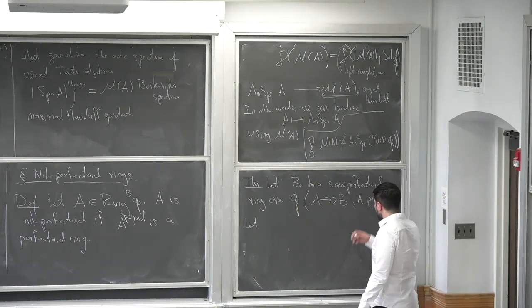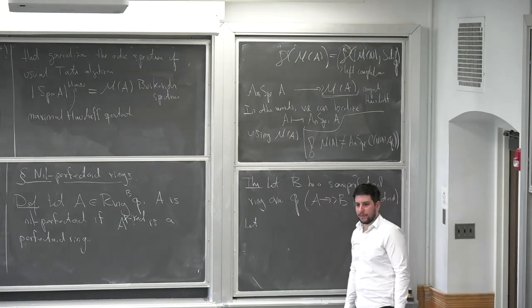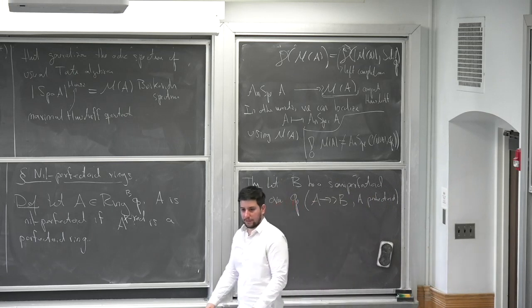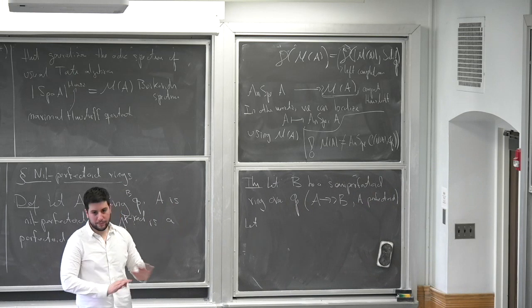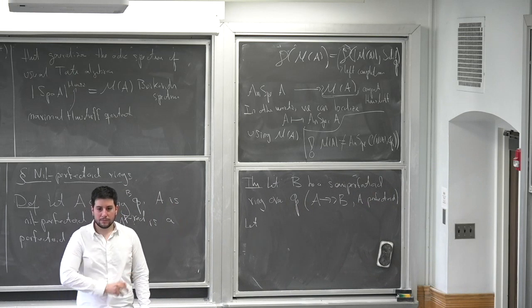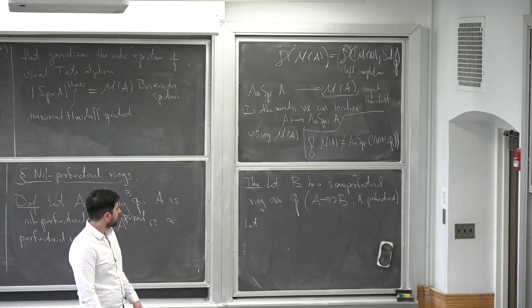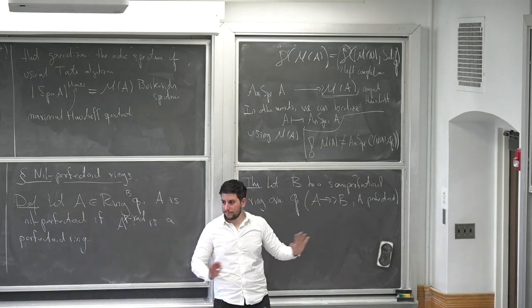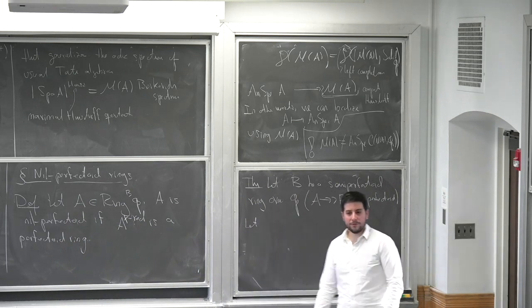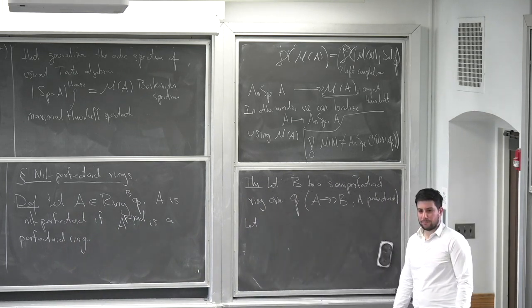If you want, it could be just the generic fiber of a semi-perfected ring that is a complete algebra. You just want to have a quotient of a perfect ring. No condition.